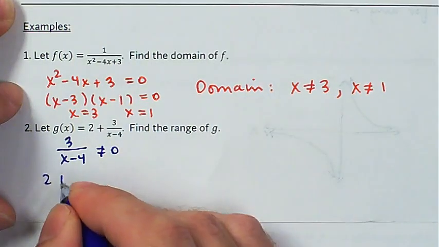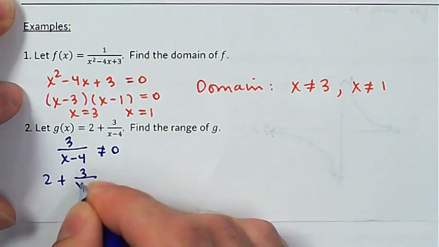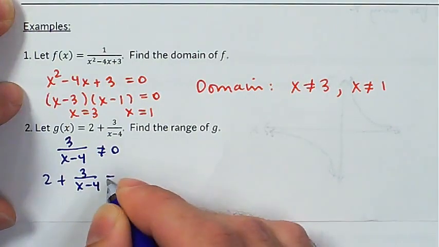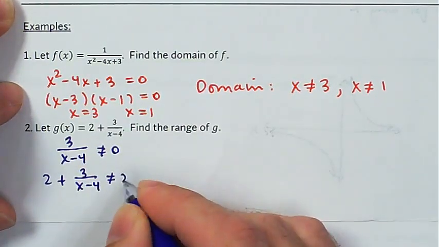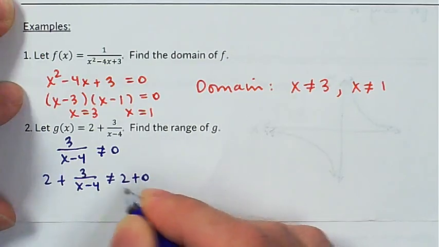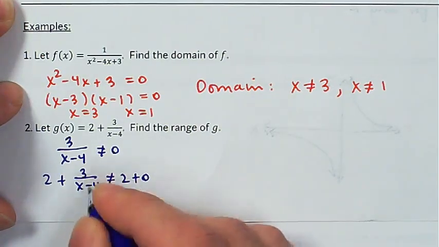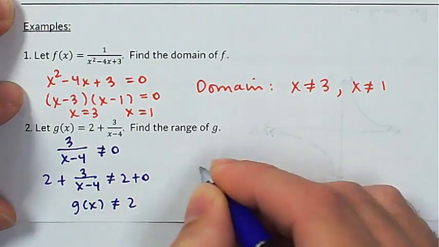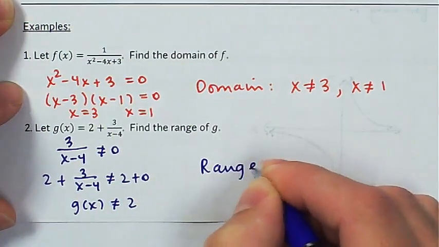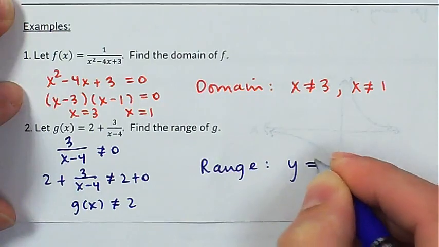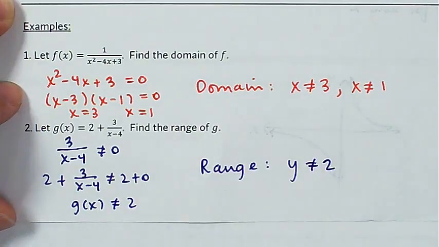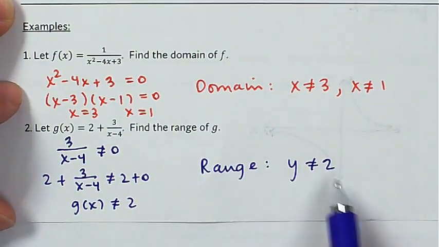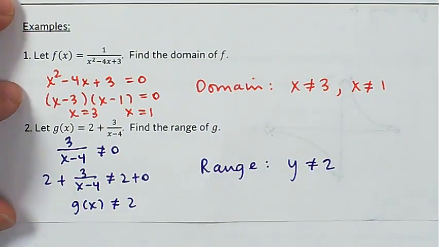Therefore, 2 plus 3 over x minus 4 can equal anything besides 2 plus 0, which is 2. So we're going to say y can't equal 2, because that's basically saying g of x can't equal 2. So the range of this thing is going to be y is not equal to 2. And then if we needed to write a horizontal asymptote, the equation would be y equals 2. But we'll talk about that in a second.